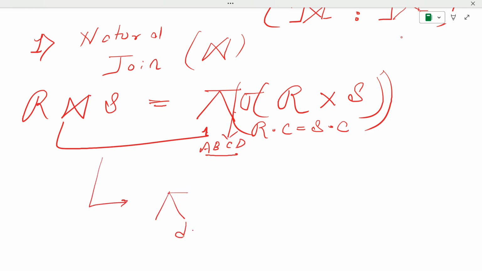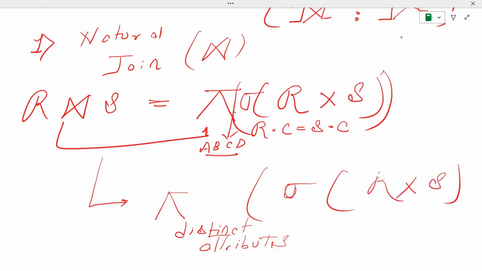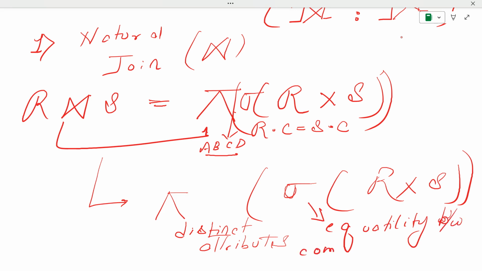We are selecting the distinct attributes from R and S, and we are applying a condition on R cross S. This condition is based on the equality between common attributes of R and S.